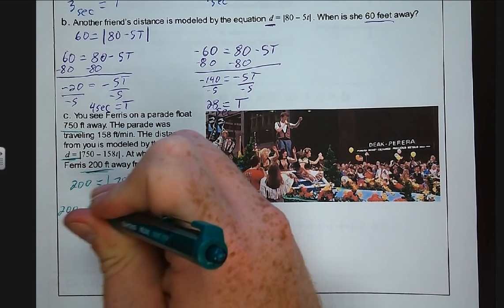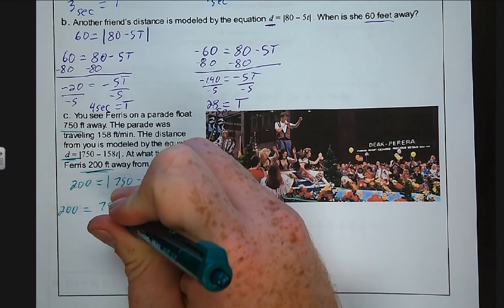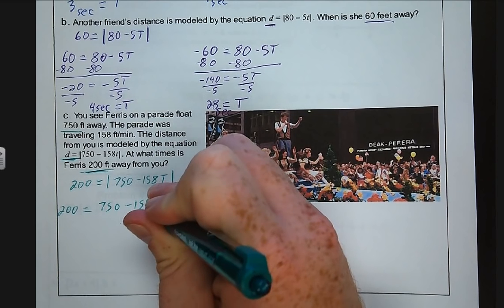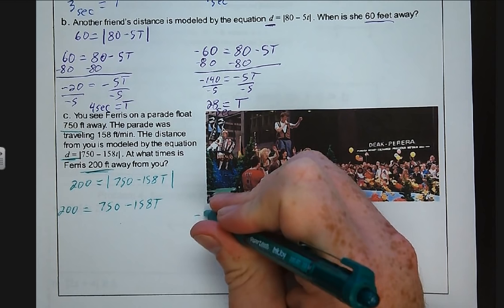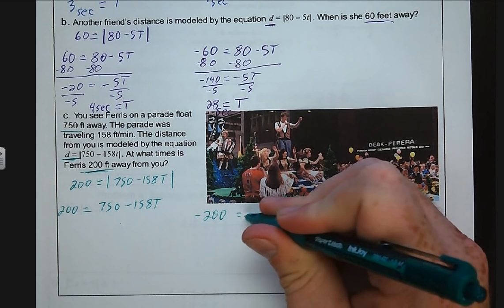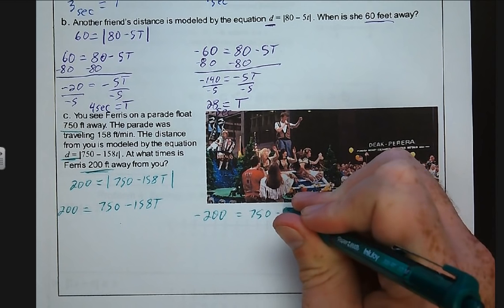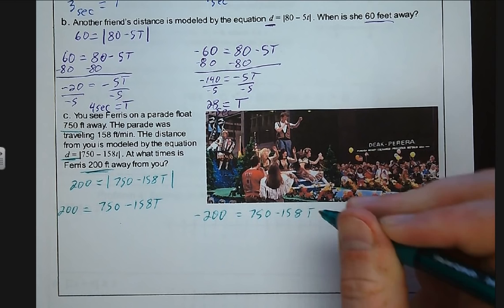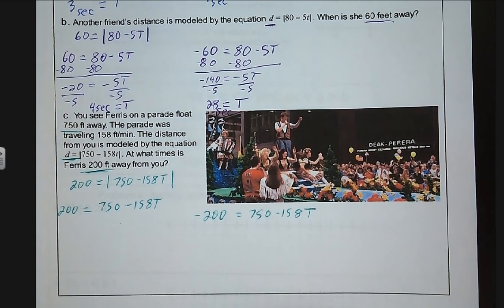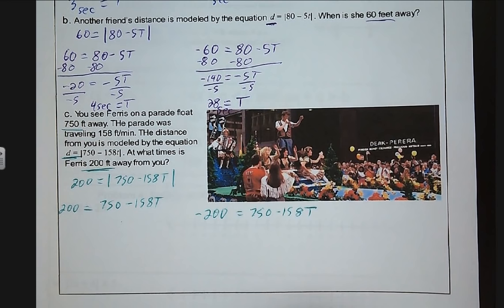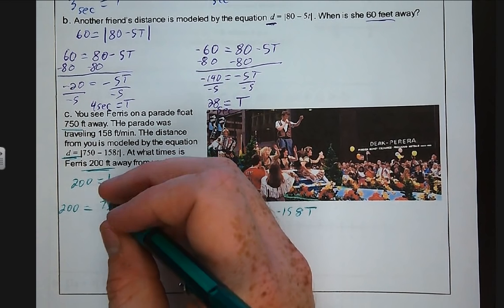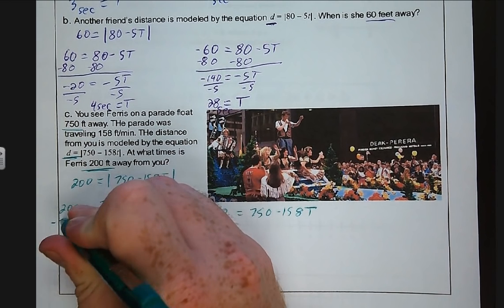200 is equal to 750 minus 158t. And negative 200 is equal to 750 minus 158t. All right. So we need to start by subtracting 750 from both sides.